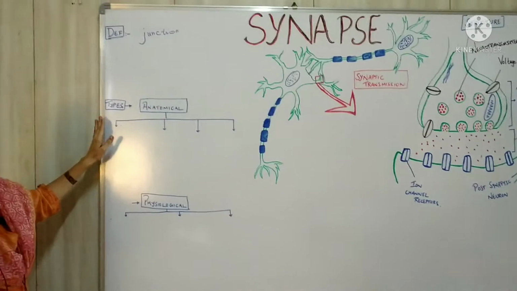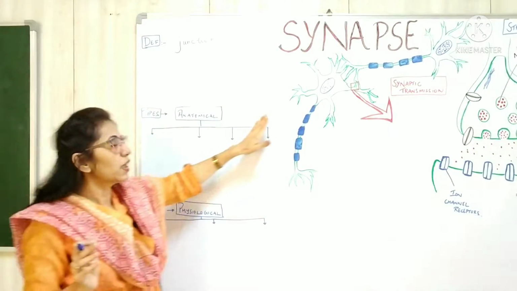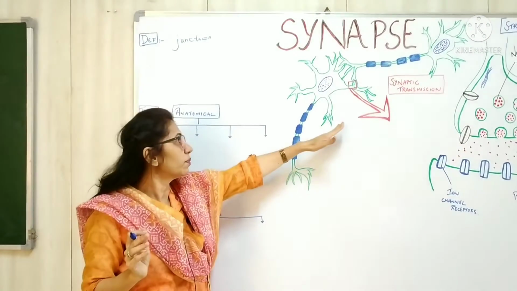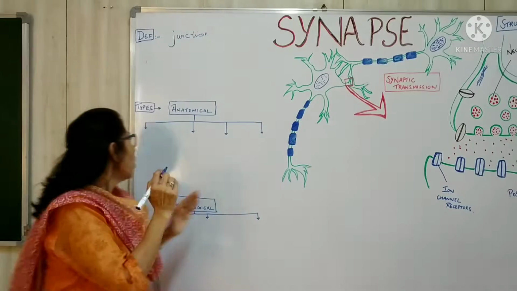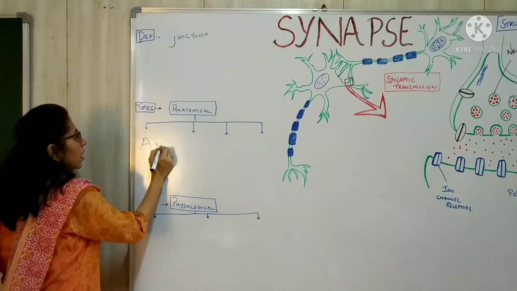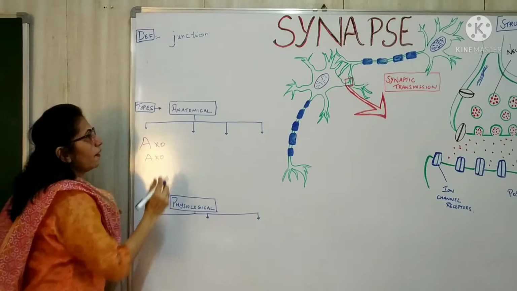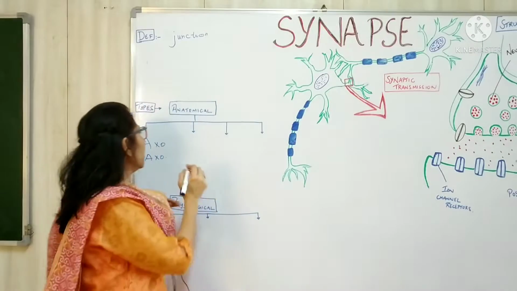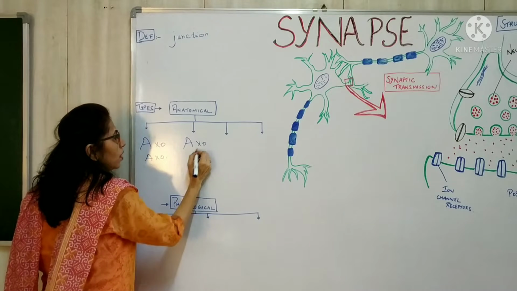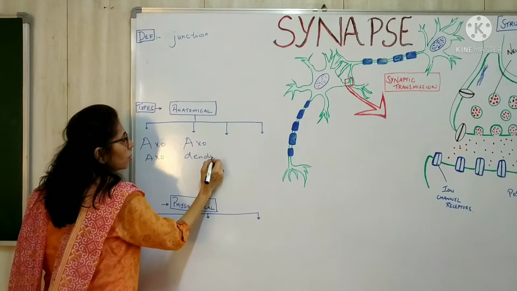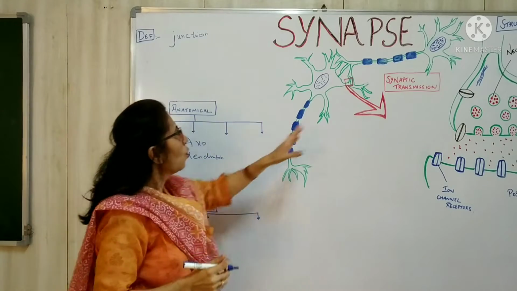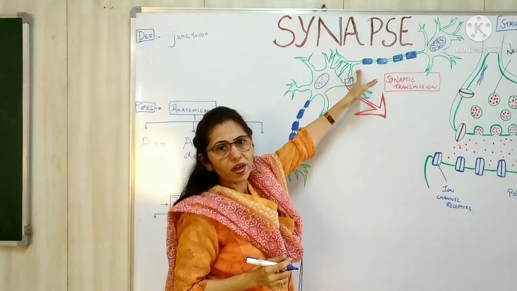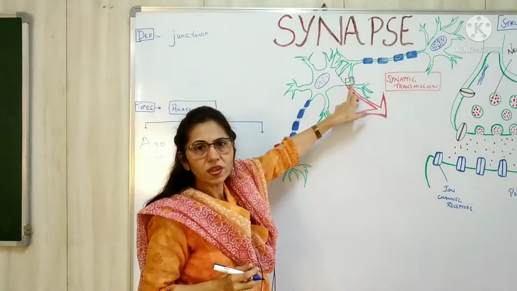Now coming to the anatomical types of the synapse, depending upon what part of the neuron takes part in the synapse, we have the axoaxonic synapse, where the axon of one neuron synapses with the axon of another neuron. Then we have the axodendritic synapse, which is the most common type, where the axon of one neuron makes synaptic connections with the dendrite.